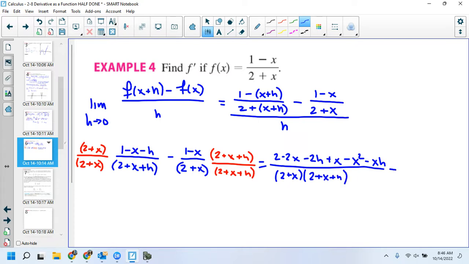Okay, minus, okay, if I distribute a 1 in, that's the same thing, right? 2 plus x plus h. And now let's distribute a negative x. Negative 2x, negative x squared, negative xh. Sorry, kind of cut off on there. That's an xh there. 2 plus x, 2 plus x plus h.